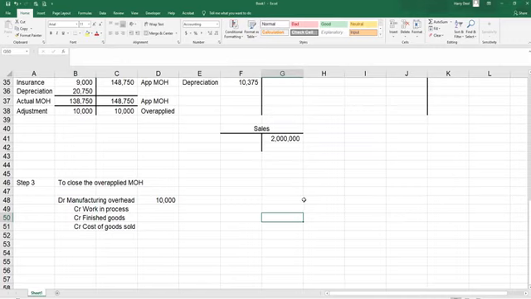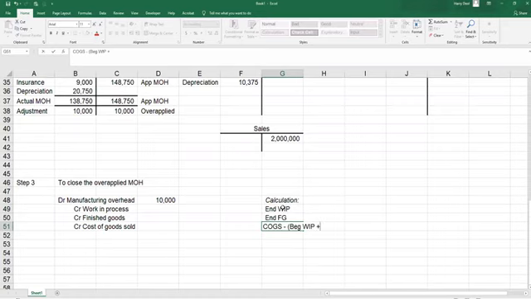How much to credit to these accounts depends on the calculation. So you want to get the ending work in process, the ending finished goods, and cost of goods sold. You want to subtract the beginning work in process and the beginning finished goods inventory.